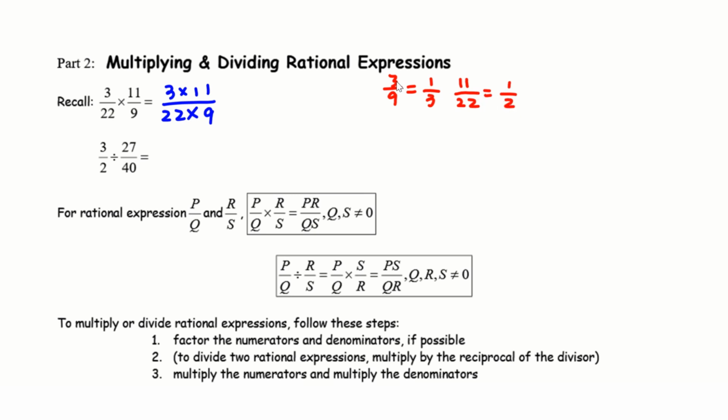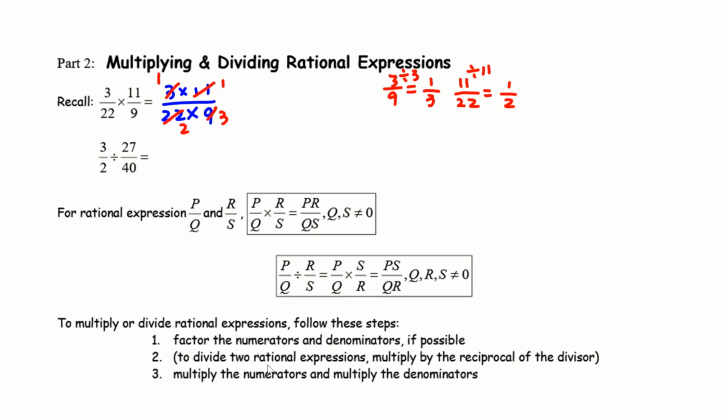So what it means, 3 over 9, both divided by 3, you have common factor 3. 11 over 22, 11 to 1 means divided by 11. So the greatest common factors will be 3 and 11. Divide 3 into both top and bottom, we have 1 and 3. Both divided by 11, we have 1 and 2.